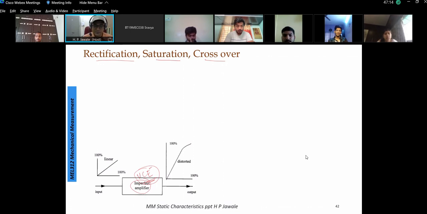So in this amplification process, not all the input values are magnified equally, but there is a change in the magnification approach. Because of the instrument itself, the amplifier characteristic itself, it will magnify a certain extent of the input properly, and then there will be some non-linearity in the amplification.